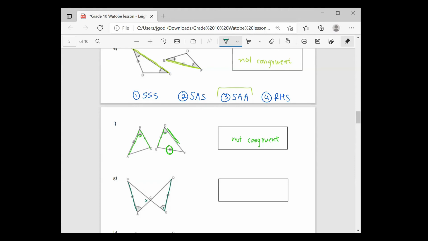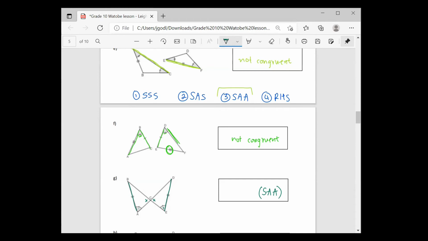We know that that angle over there is the same as that one because of vertically opposite angles. And so we can see there are two angles that are the same and one side which is the same. Our reason here would be side, angle, angle.